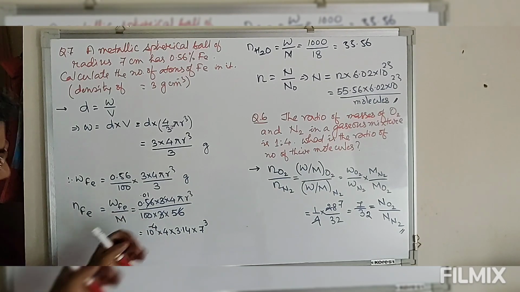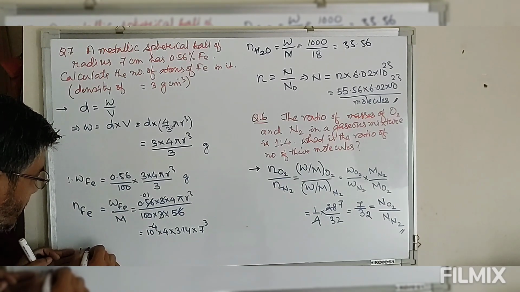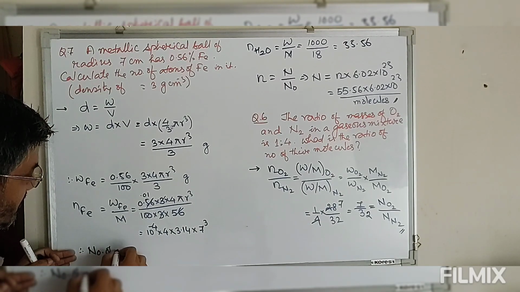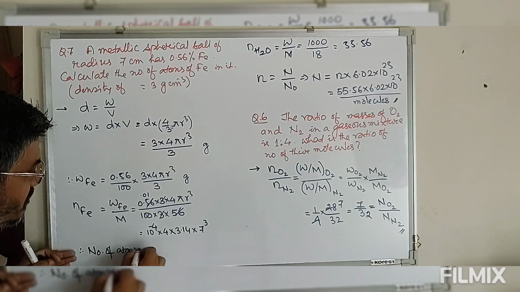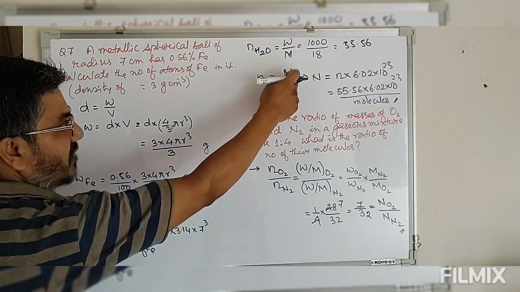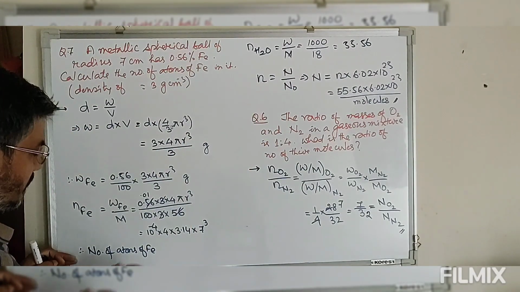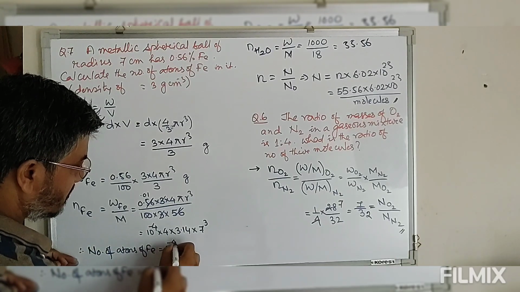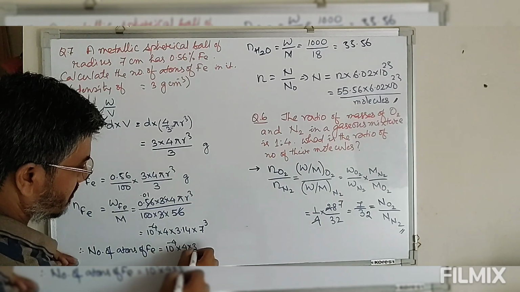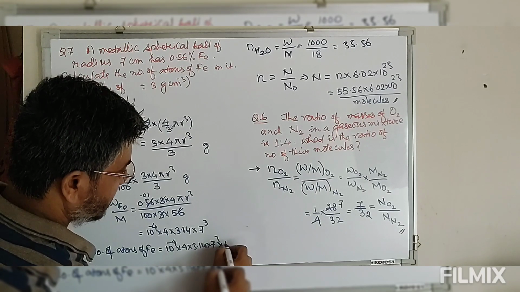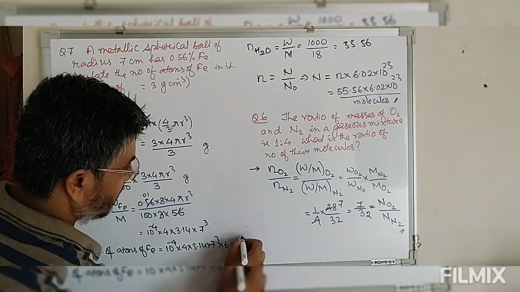If this is the number of moles of iron, therefore the number of atoms of iron, because we say number of moles is number of particles divided by Avogadro number, is the number of moles multiplied by the Avogadro number, that is 6.02 into 10 to the power 23.